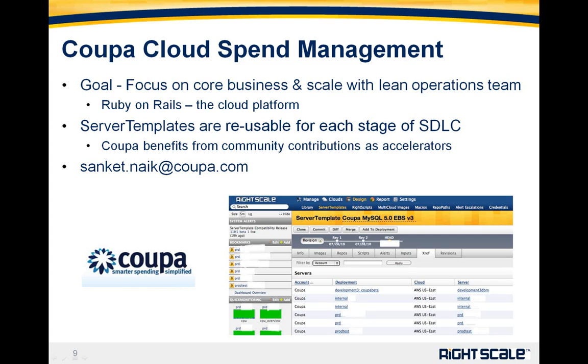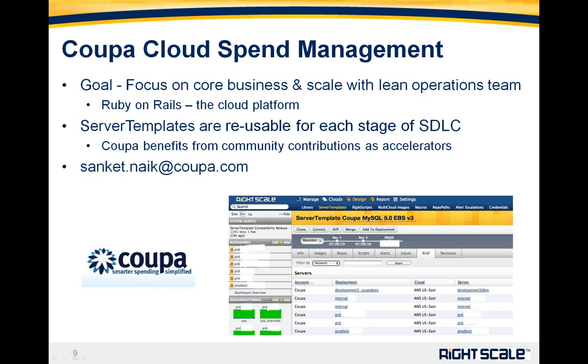One of the best practices that we use is we try to minimize customization of the server templates from RightScale, and we try to limit it to the inputs so that whenever RightScale comes out with upgrades for their server templates, like they did last week, we can take advantage of these upgrades without adding too much risk.